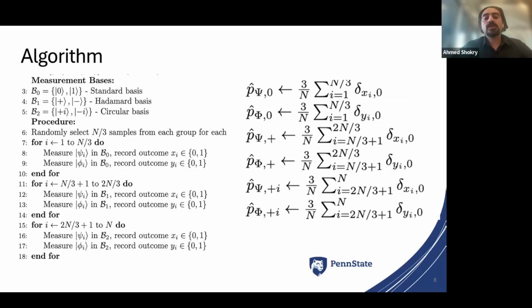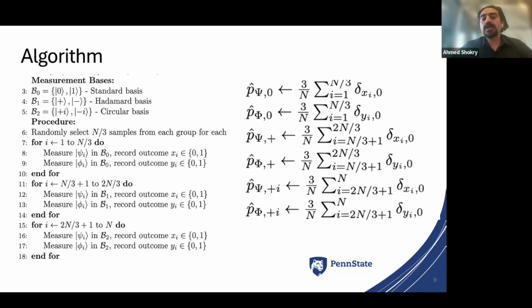The verifier measures the 2n embedded states using one of three measurement bases: the standard basis, the Hadamard basis, or the circular basis, choosing among the three bases at random for each measurement.